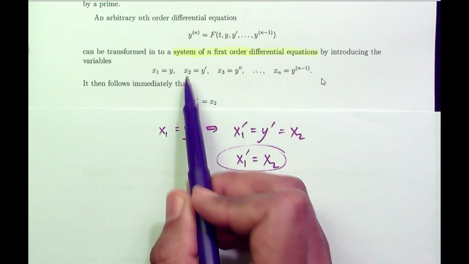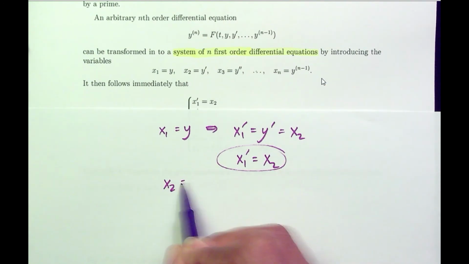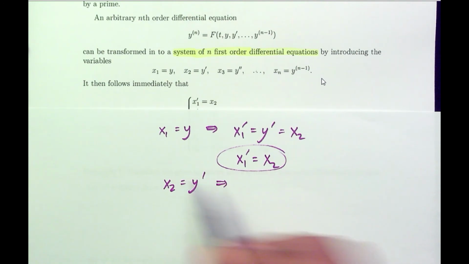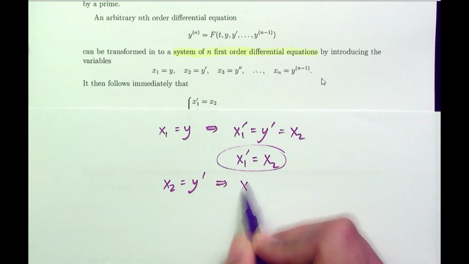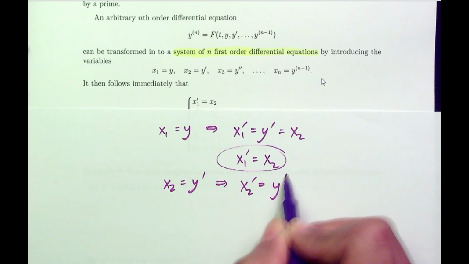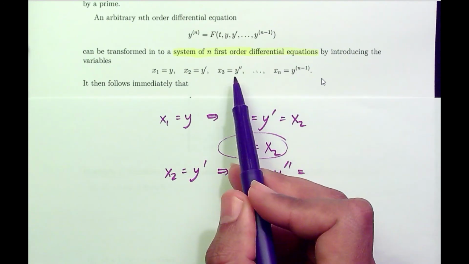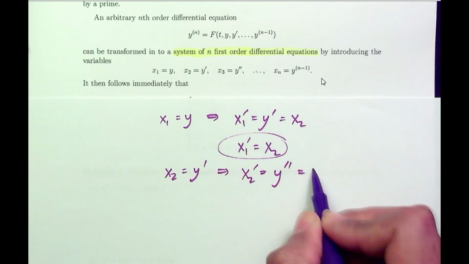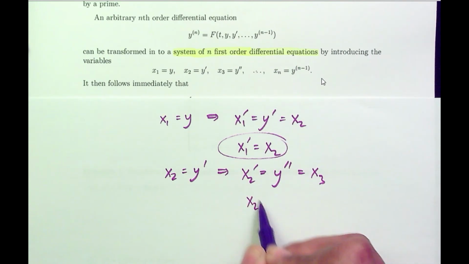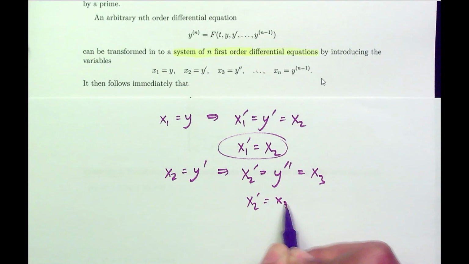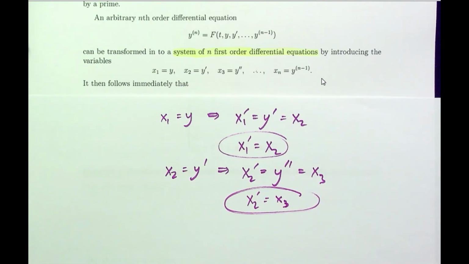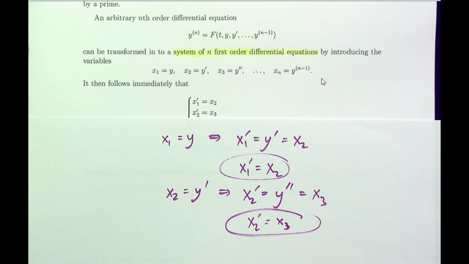And then you keep doing the same thing for all the other equations. So now take x2 equals y prime. If you take the derivative on both sides, this is going to be x2 prime equals y double prime. But y double prime is x3. So then you get x2 prime equals x3. And that's going to be your next equation in the system. And you keep doing this for all of the equations.